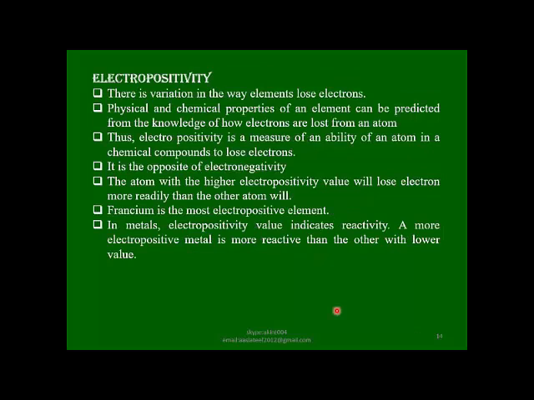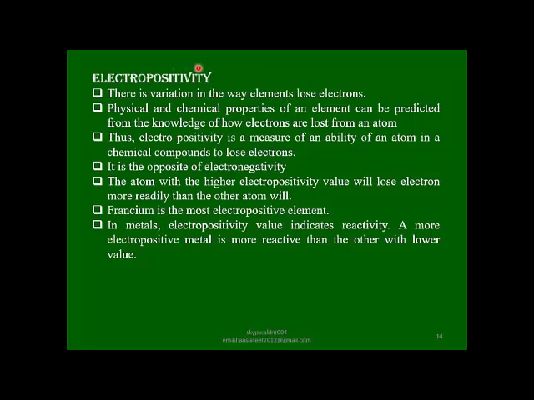Electropositivity is almost the opposite of electronegativity. Electropositivity is a property of metals. The ease of losing electrons, the activity, the manner, the eagerness with which elements lose electrons.